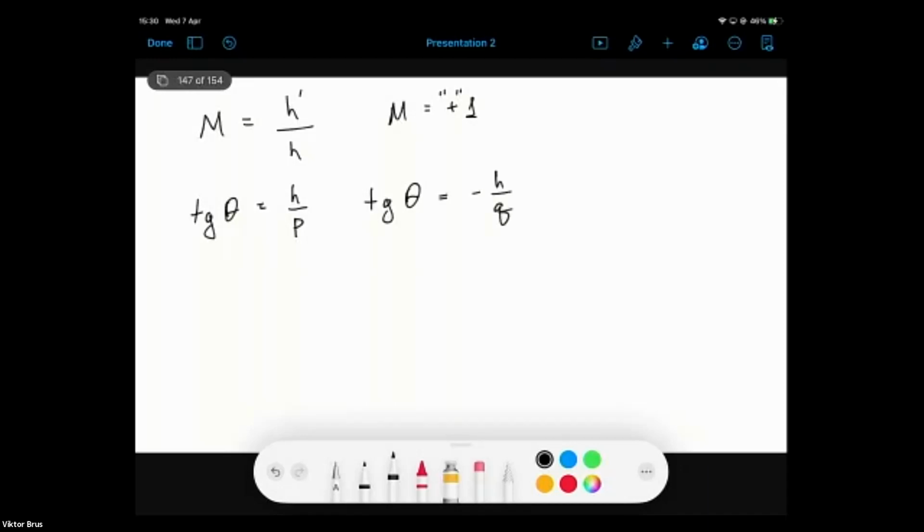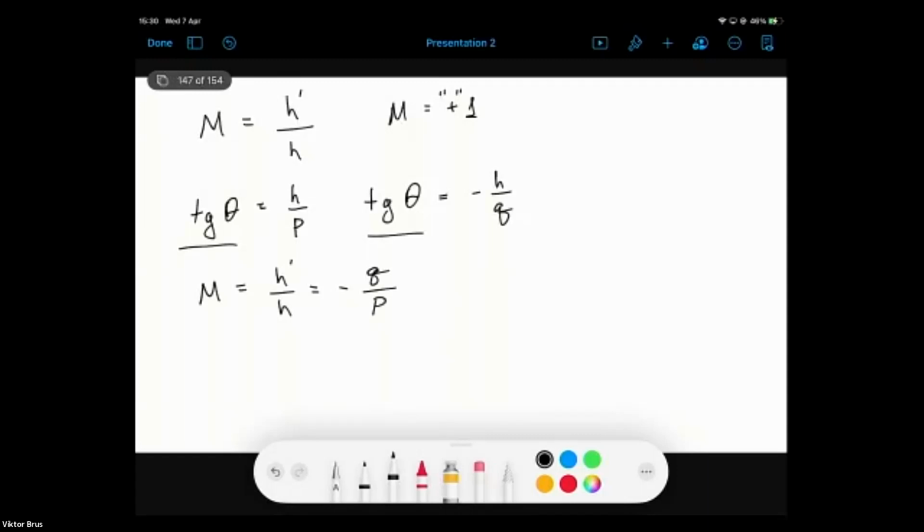Now, based on the fact that these two angles are equal to each other, we can write that the magnification is equal to the ratio of h prime to h, the height of the image to the height of the object, and that is equal to minus q divided by p.